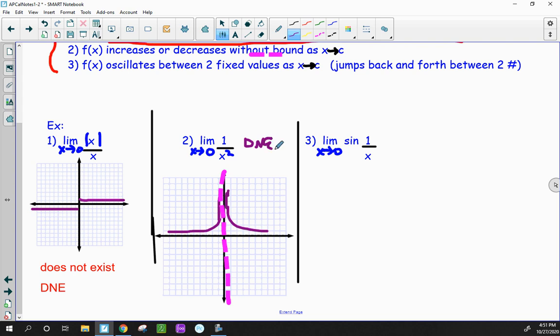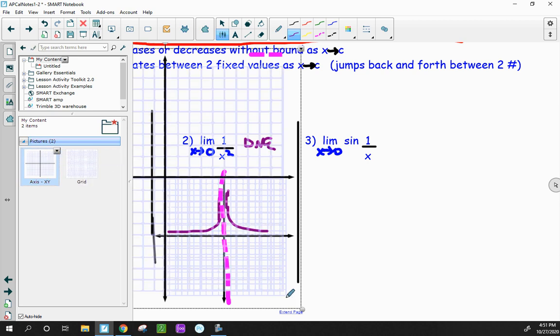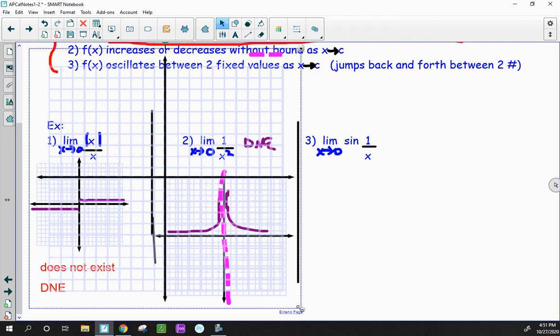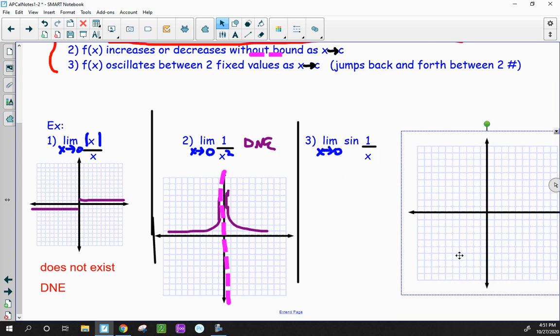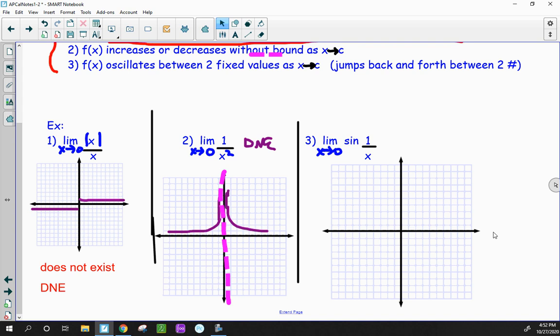And you're going to do the same thing for number 3. So you're going to go to your graphing calculator. Make sure your calculator's in radian mode, of course, because we're graphing a trig function. And we're going to type in sine of the quantity 1 divided by x.